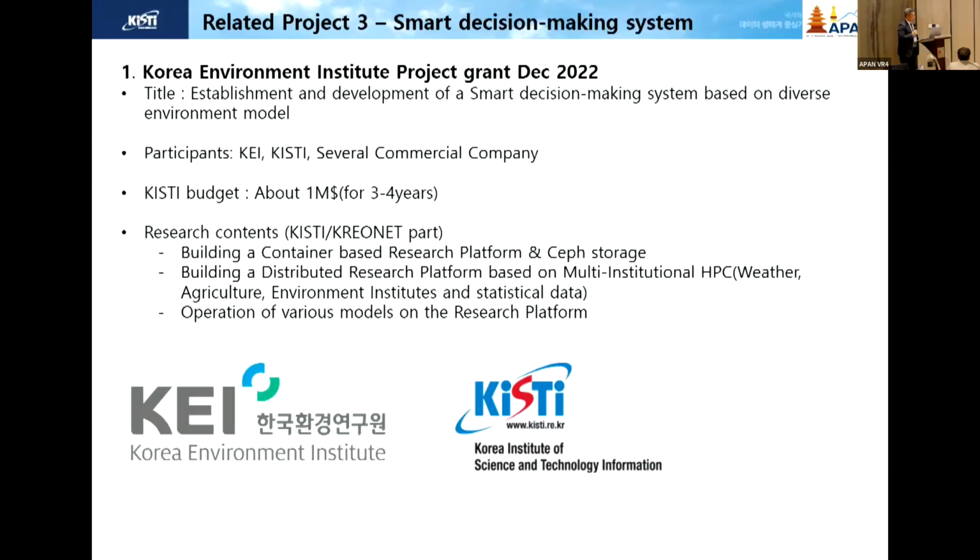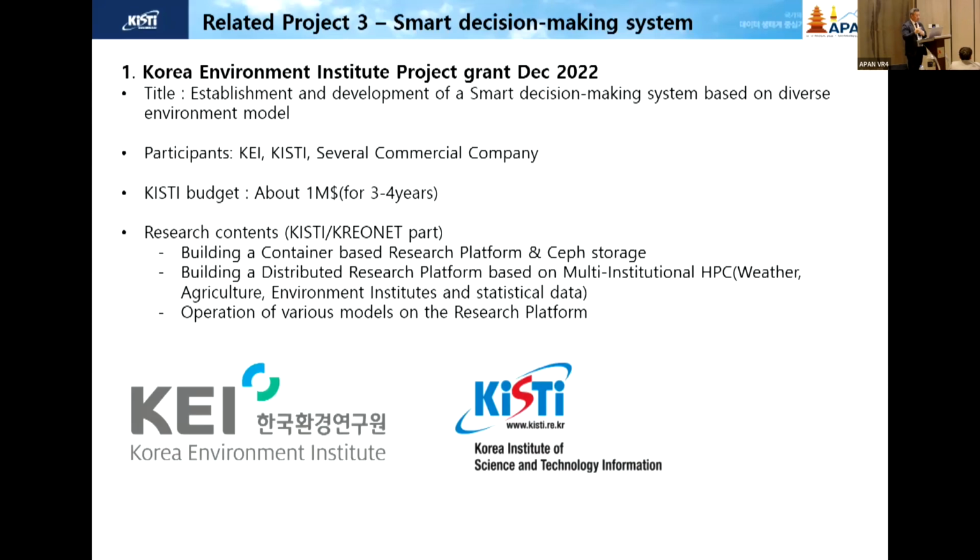The third is the smart decision-making system. The title is establishment and development of a smart decision-making system based on diverse environment models. Our government wants to make the right decisions for national disasters, heavy rain or earthquakes, using every data.